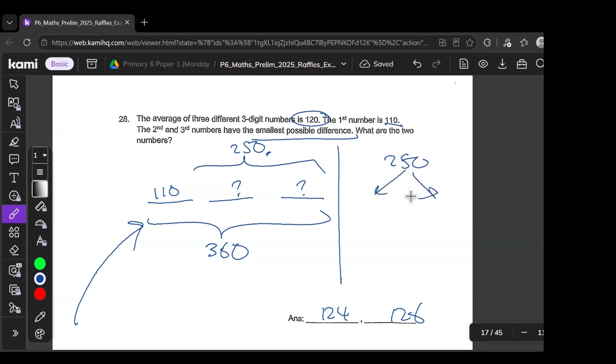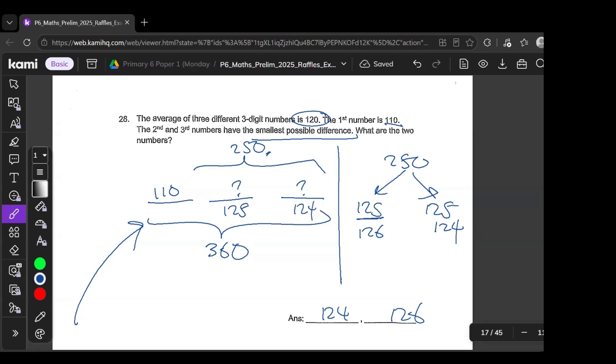You will get 125, 125, right? You want the biggest and the second biggest. How do we get it? Just increase 1, become 126. Then the 125 on the other side, just minus 1. Isn't that your biggest and the second biggest already? Right? So your biggest is 125, 124.